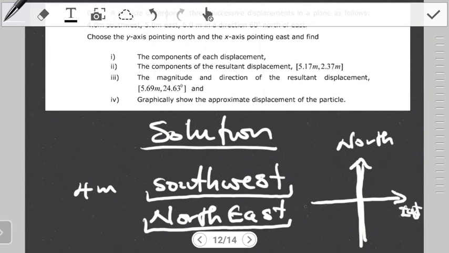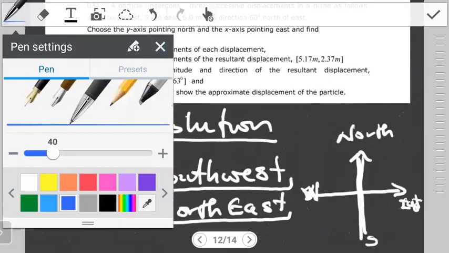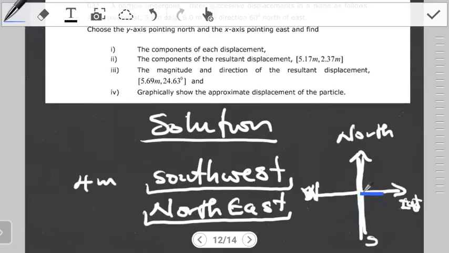Of course, we know that west is going to be here and south is going to be down here. Now, when a statement says southwest, what that means is the direction of this vector is exactly midway between the south and the west. In other words, the angle we're making here is going to be 45 degrees.